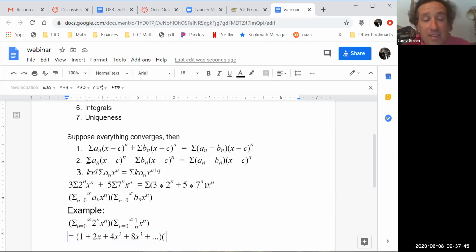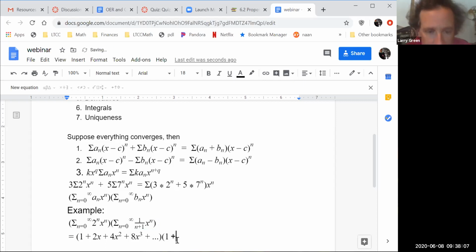Okay, so now we're going to do the same thing with the second series. So if n is 0, you get 1. Sorry, it better not be 1 over n, that was a mistake. You have all kinds of problems when n equals 0 if you do that. So if n is 0, you get 1. I don't know how that plus got outside the equation. There we go. If n is 1, you get 1/2 x.